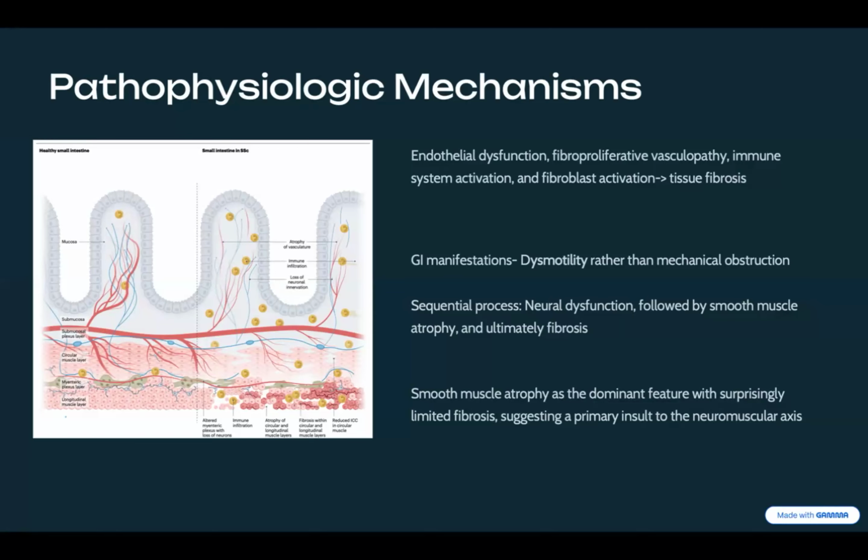But in GI manifestations, it is a little different. It is not clear until now, but there is an increased involvement of the neuronal tissues. We know that the entire GI system is being managed by the autonomic nervous system, the enteric nervous system.